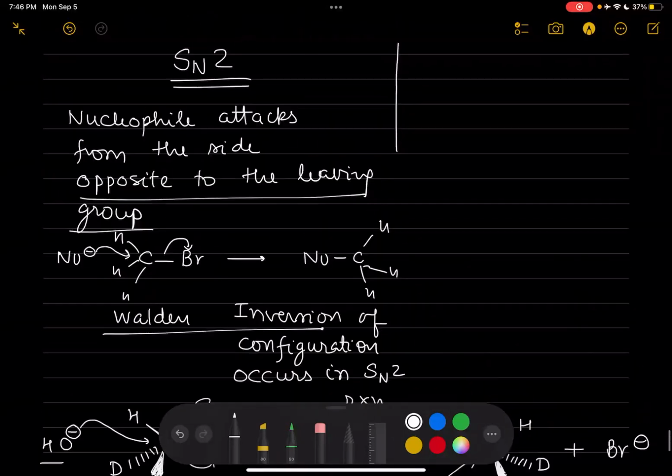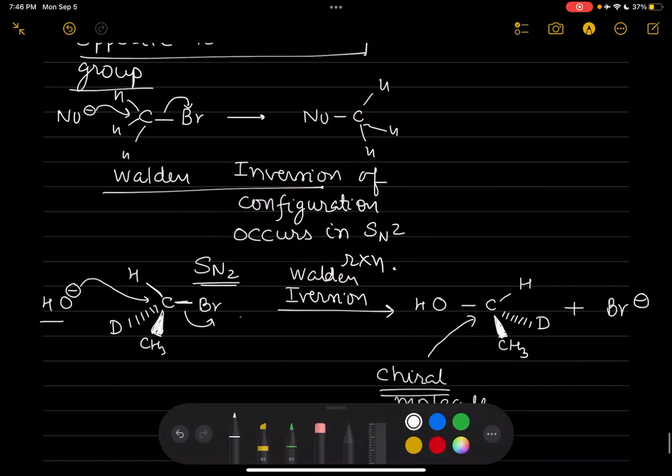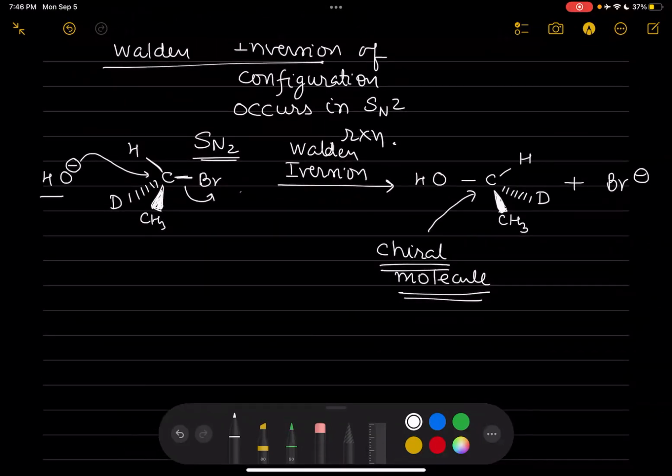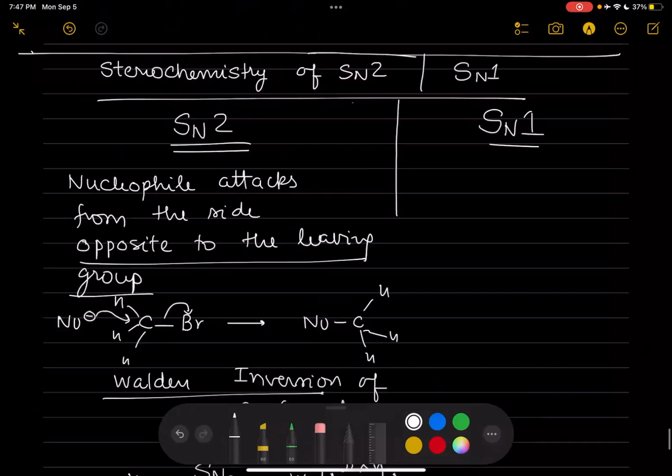So in SN1, what happens? The molecule which you form in SN2 will be just the opposite. The three bonds which were on one side, you need to flip them to the other side, and this is known as inversion.